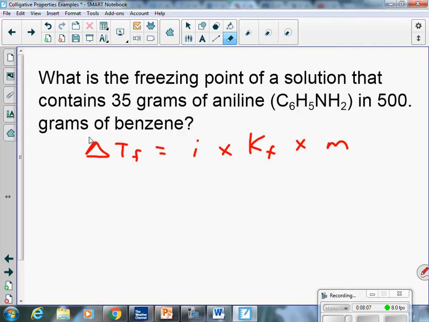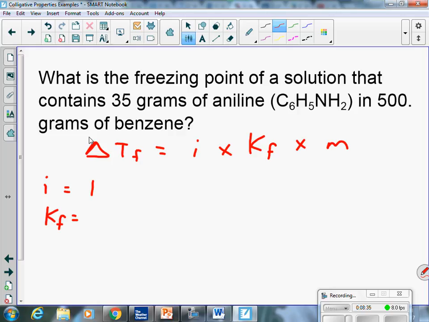Let me make that, that didn't look much like an F. There, it's a little better. So I have to find the 3 things. Van't Hoff's factor. In this case, once again, I have a molecular formula, so it is going to be 1. The Kf, the freezing point constant, is going to be for benzene.